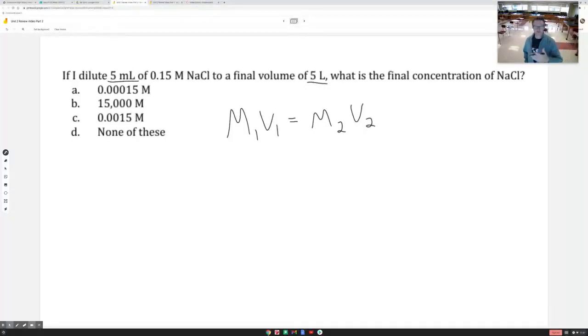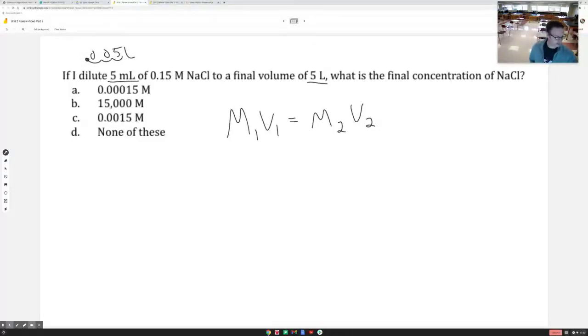It doesn't matter whether you use milliliters or liters, but they do have to be the same. You could convert the liters to milliliters or the milliliters to liters. Converting milliliters to liters means you take the 5 and move the decimal point 3 places, so you end up with 0.005 liters. Let's do that, because we've talked about converting milliliters to liters.